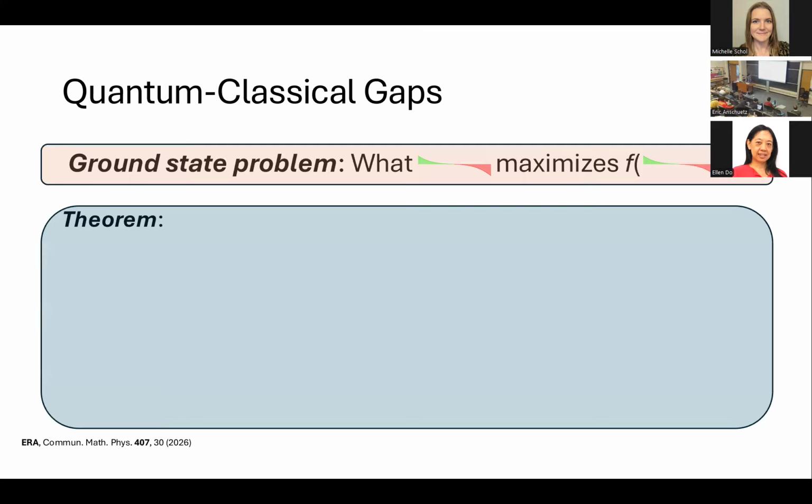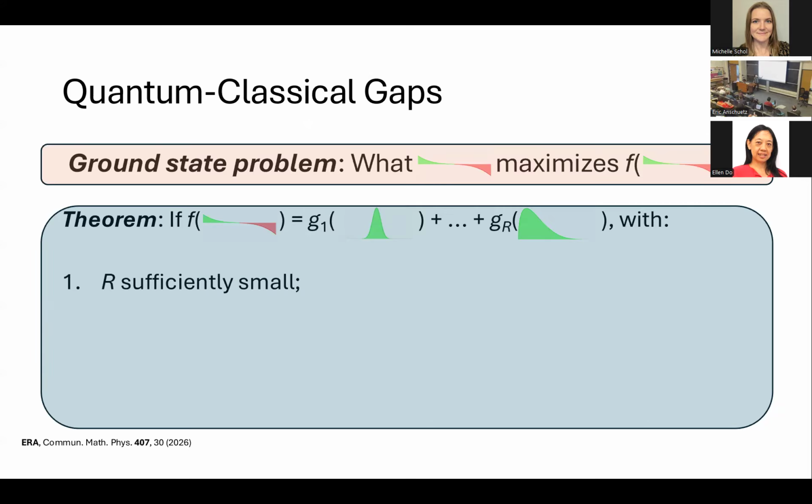And okay, I more generally show for the ground state problem that if I can write this optimization problem as a linear combination of functions of these classical shadow objects, and this decomposition is small, I can do this efficiently.